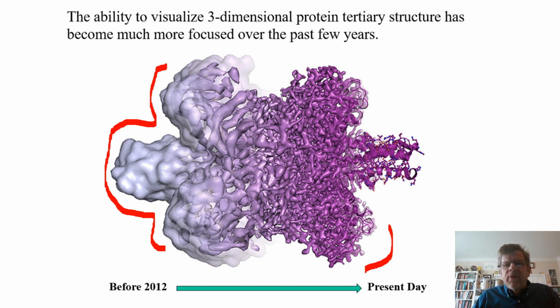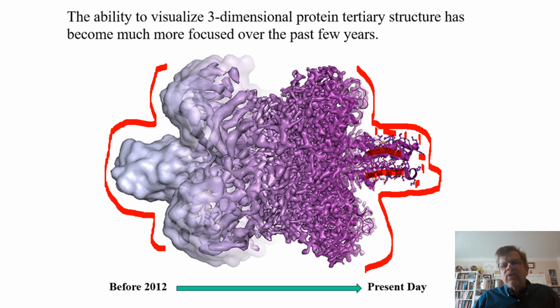So over here in the present day, we can actually see these proteins and get a much better idea of their secondary structure. See here some alpha helices, which are very easy to see. And if you look very carefully, we can see the structures and dispositions of the individual amino acid side chains, which we weren't able to see before.